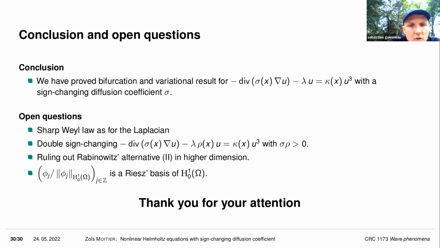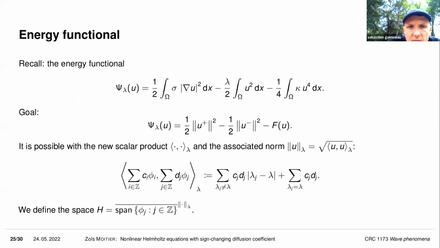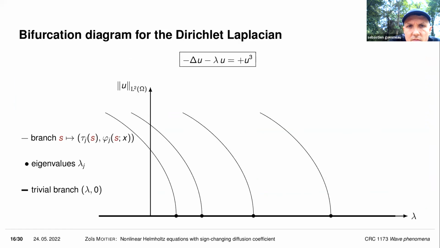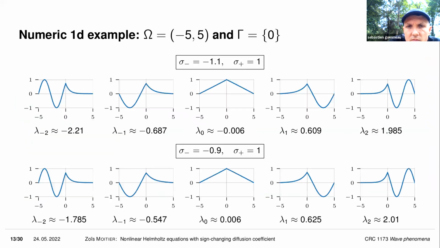I've got another question. What is the assumption on sigma? What is the regularity of sigma? At least for the talk, I assumed that sigma was constant by piece.